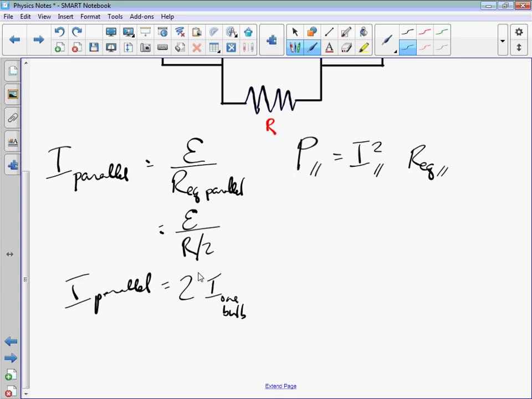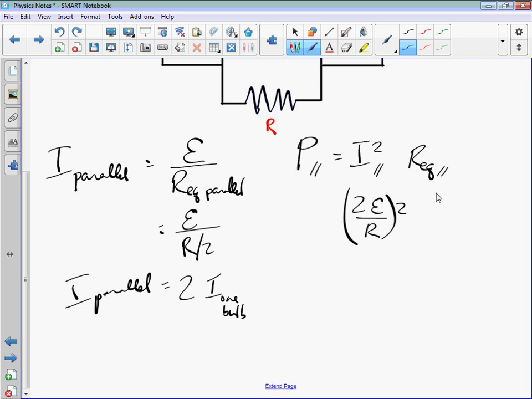Relating to EMF and R, I have that my parallel current is equal to EMF over R over 2. So really 2 times E over R. But that whole thing's going to have to be squared.